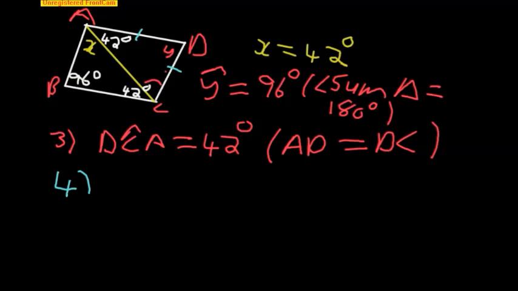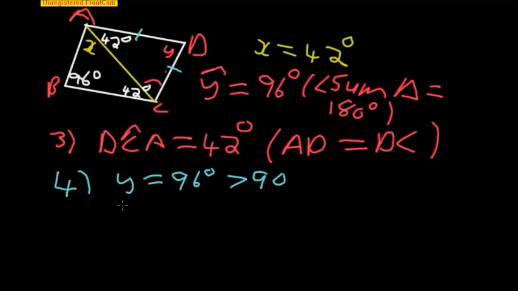Okay, so now that we have y, we also know that it is more than 90 degrees. So y equals 96 degrees, which is greater than 90 degrees.